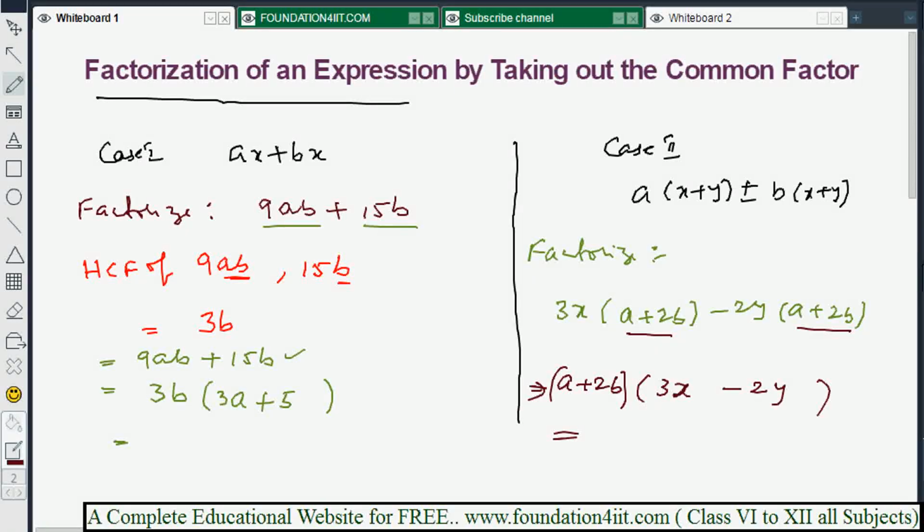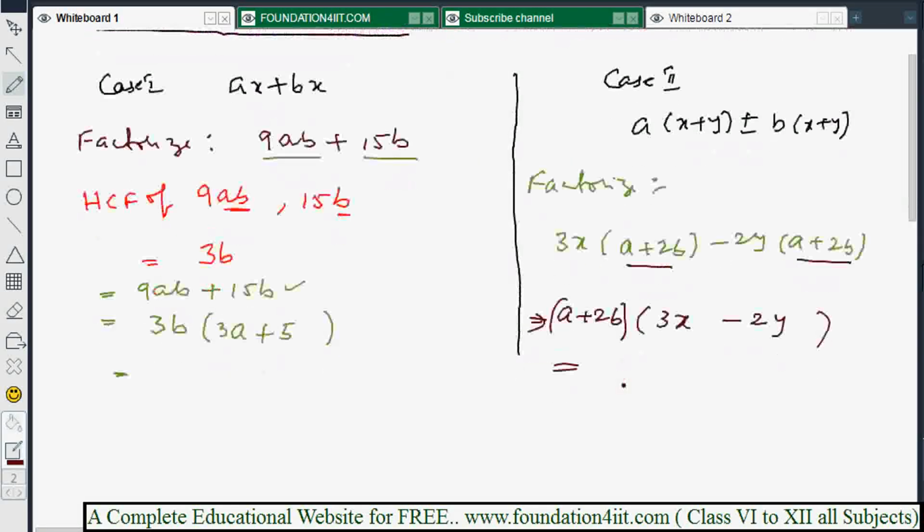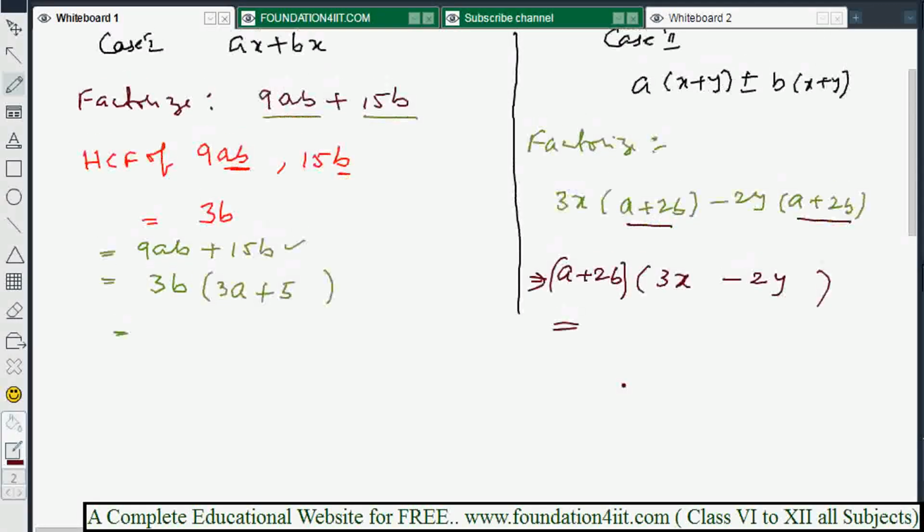One more example for both methods. Factorize 6a square minus 8ab plus 4a.